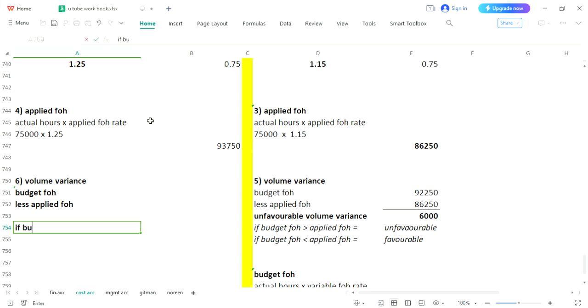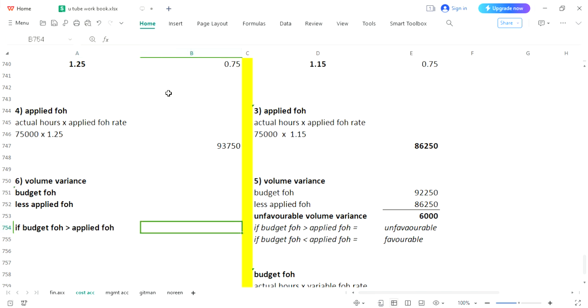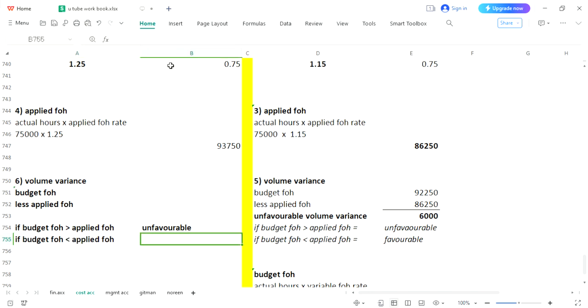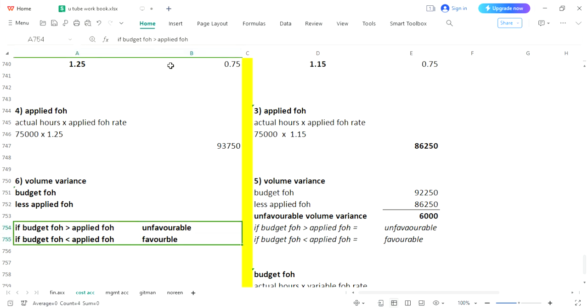If our budget FH is more than applied FH, we will consider it unfavorable. In case budget FH is less than applied FH, that would be favorable for you. In this way we will conclude the variance which we are going to calculate.